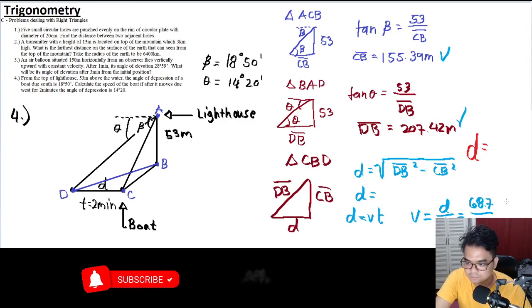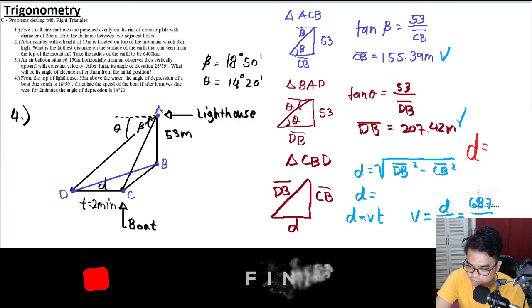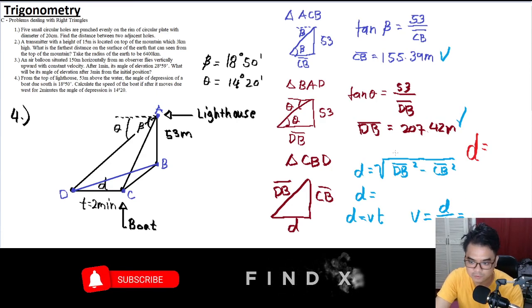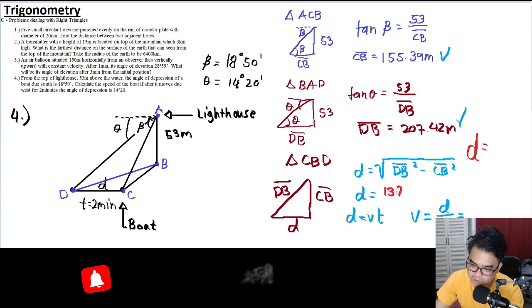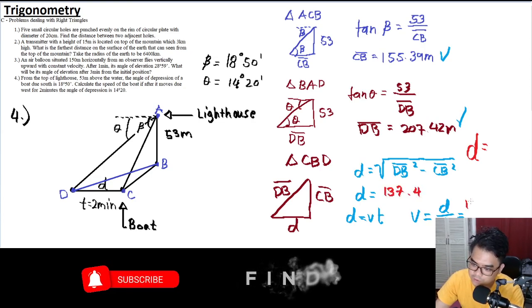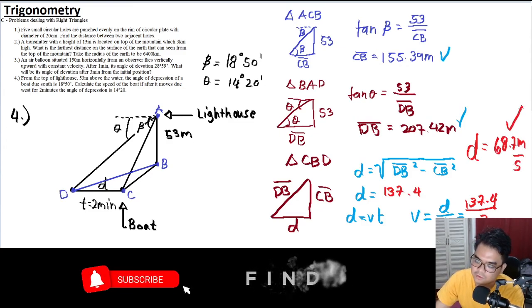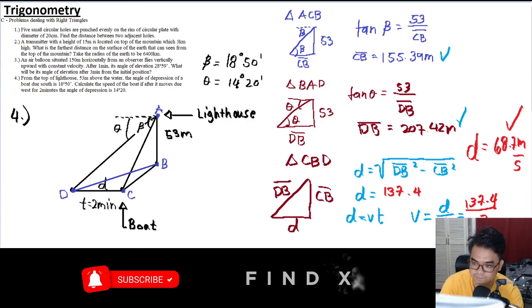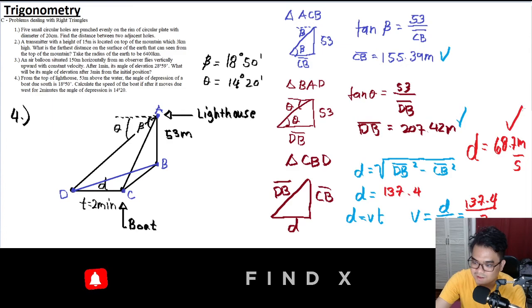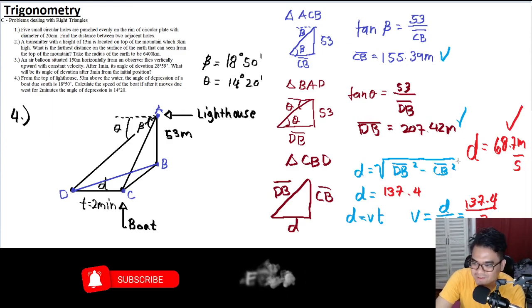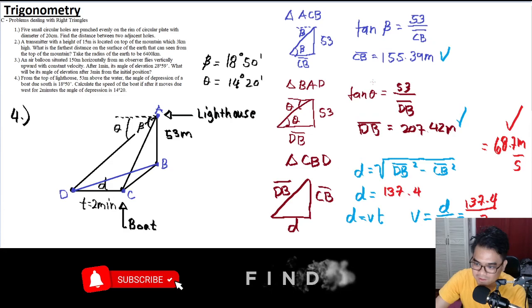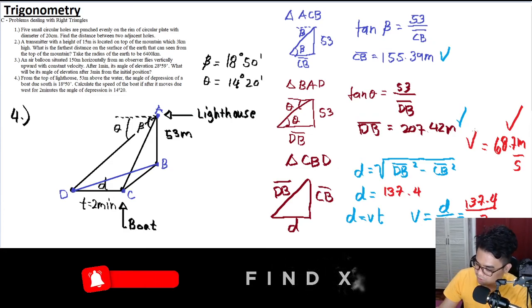Sorry about that, I got confused earlier, it is not 68.7. So the final answer is 68.7 meters per second. Actually, it's not D again, it's V, the velocity.